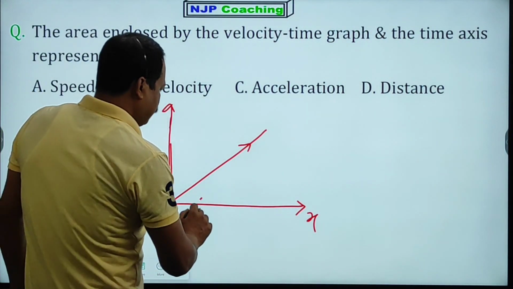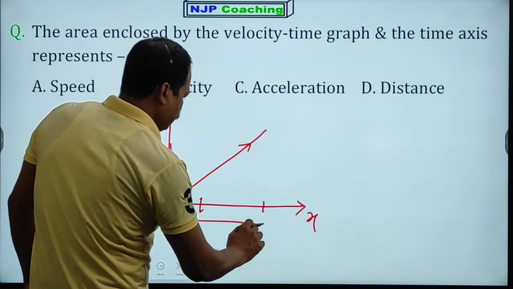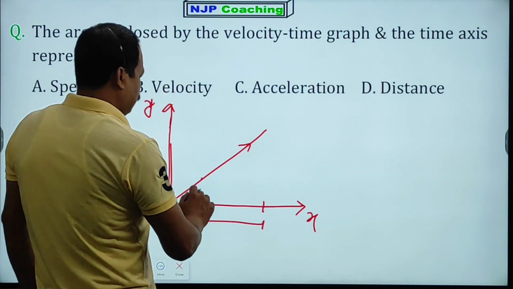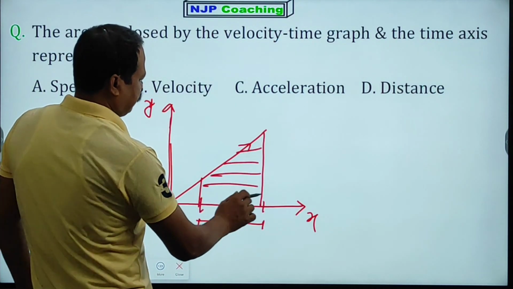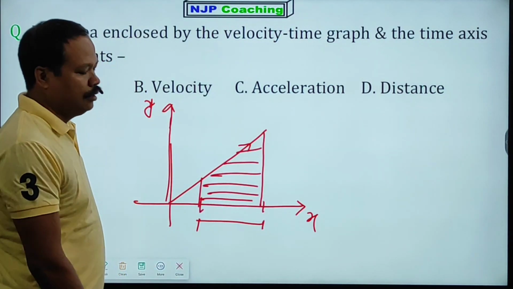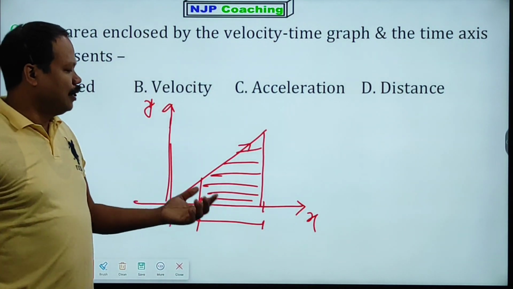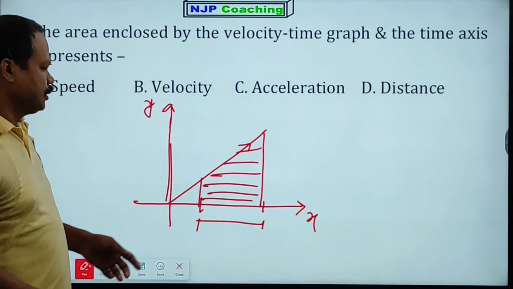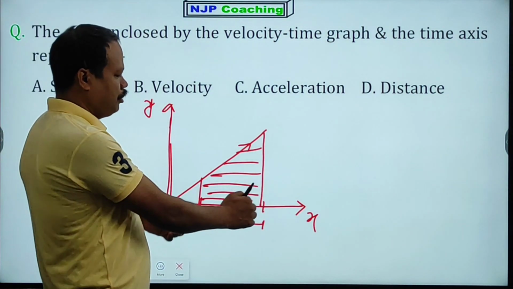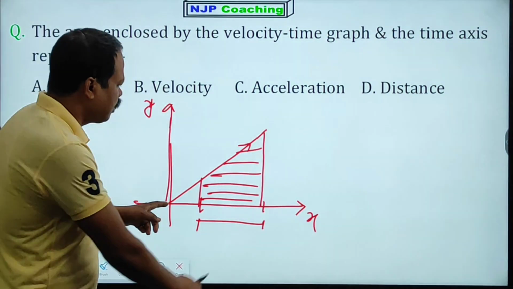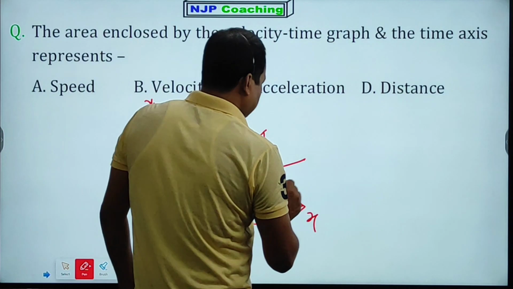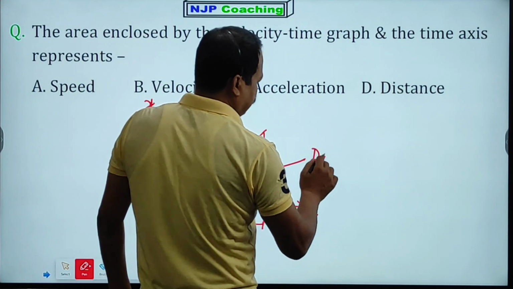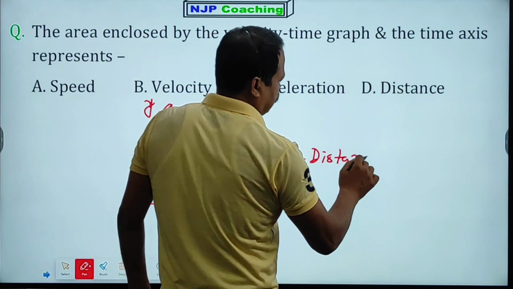Suppose for this time interval we look at the area under the graph and the time axis. I can take it from the start to the end also. And this area, remember this, always gives the distance travelled.